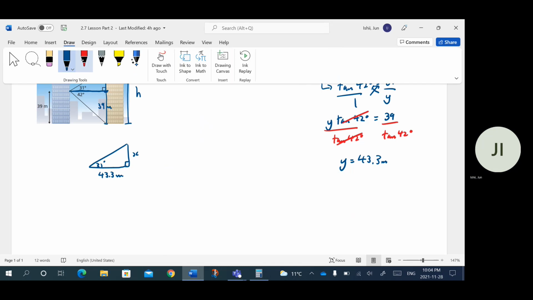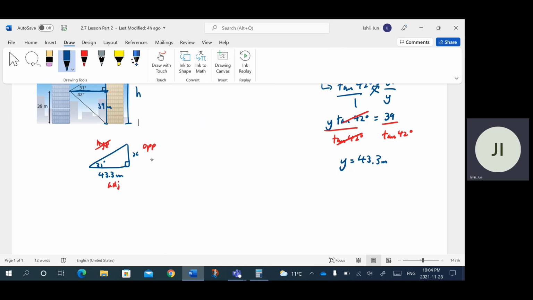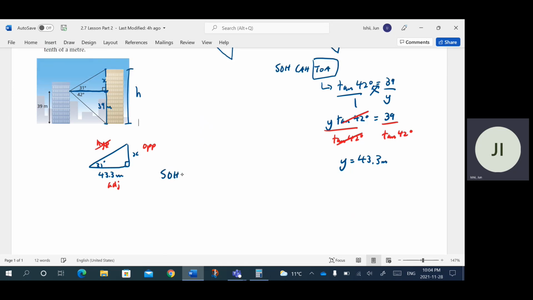Let's label our sides: this is the hypotenuse across from the right angle, opposite, adjacent. The hypotenuse is blank, so we can ignore that. The right ratio with opposite and adjacent is tangent.